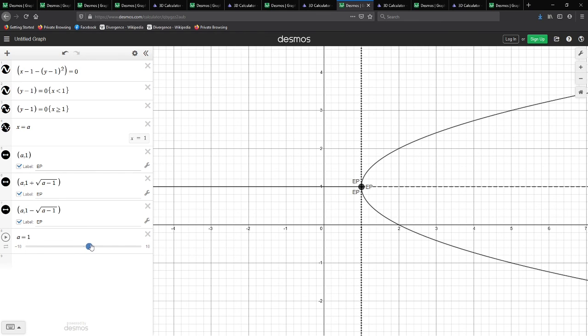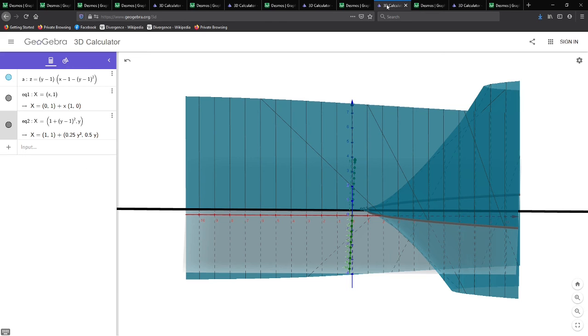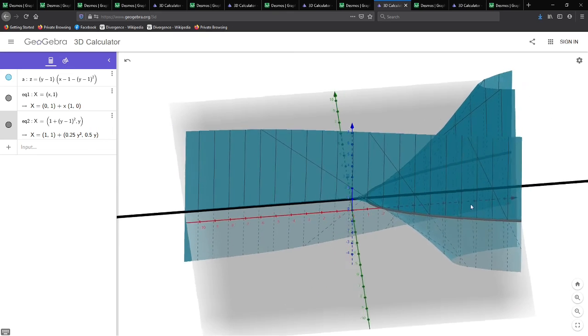As we cross 1 right here, the point lambda equals 1, you have the appearance of two new critical values, and the type of critical value for y equals 1 changes. It goes from being asymptotically stable to unstable, along with two new stable equilibrium points that appear. And if we look at a plot of this, this is exactly what we see.